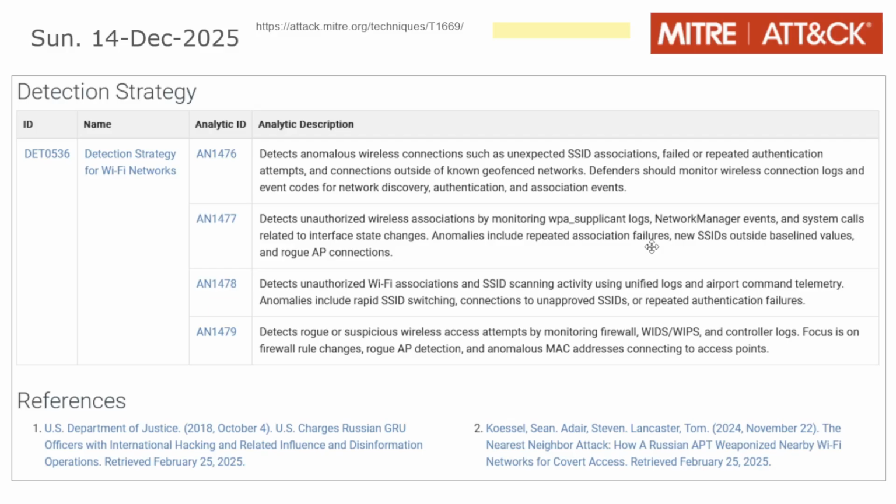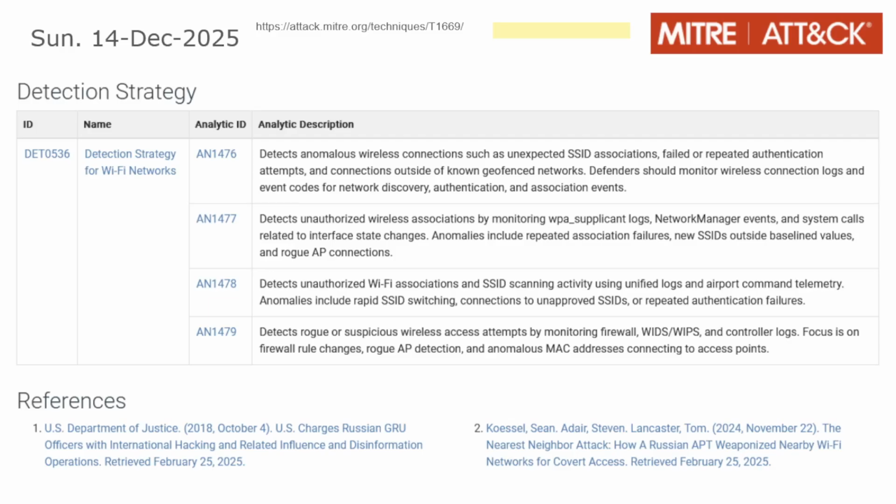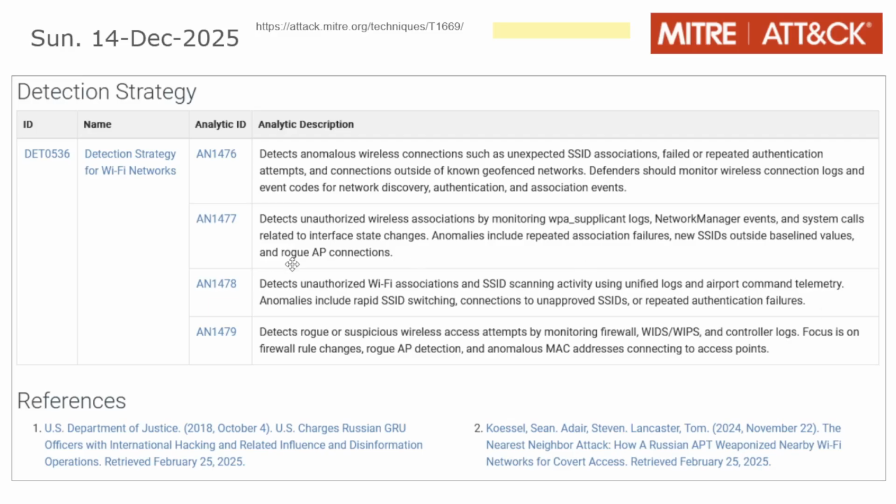Yeah, so there is a lot of trial and error involved for an attacker, as it looks like. For a regular connection, we'll just connect without much issues, but these people need to try around a little bit, and this then is suspicious. Then here, unauthorized Wi-Fi associations and SSID scanning, all right, airport telemetry, rapid SSID switching, and repeated authentication failure.